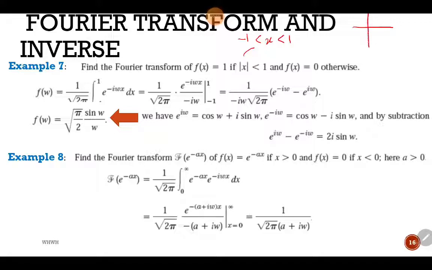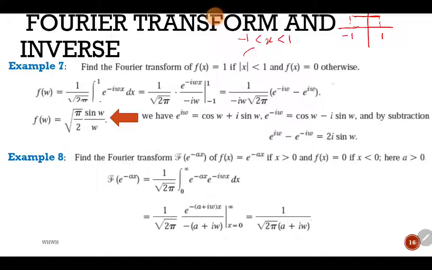Untuk modulus x kurang daripada 1 ni, so this is -1 and this is 1. Okay, and then we have the formula here. Saya tulis lagi sekali lah.